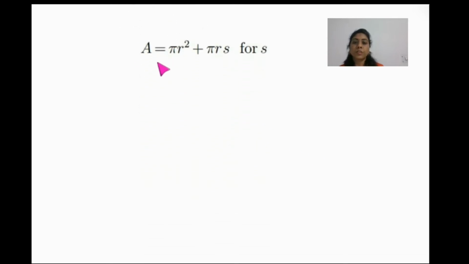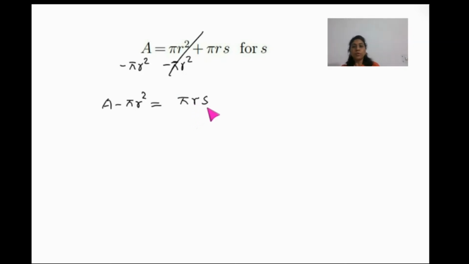Okay, this is another question. Now this is the formula A = pi r squared plus pi r s, and we have to solve for s. It means we have to remove this part, pi r squared, so subtract it from both sides. On the left hand side, A minus pi r squared, and this cancels, leaving just pi r s.